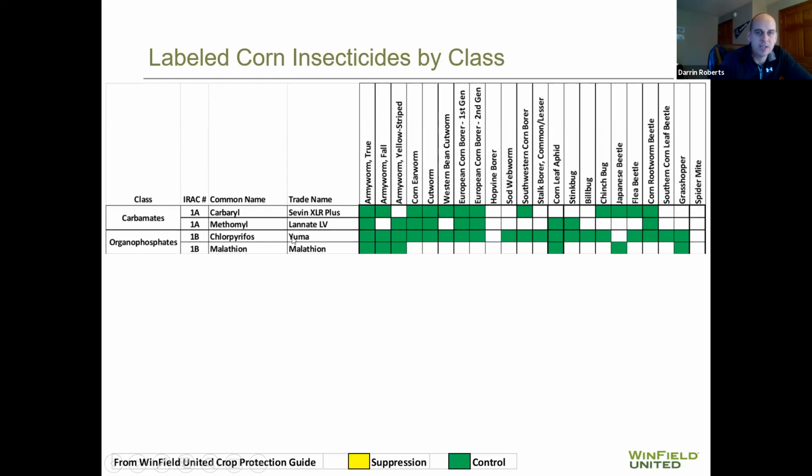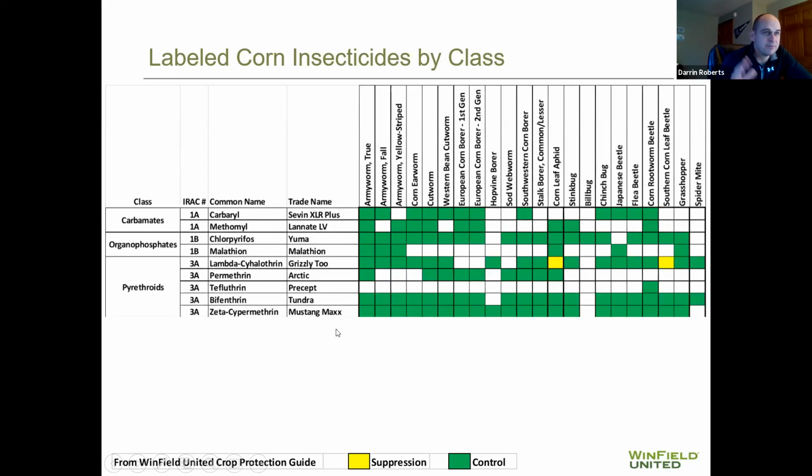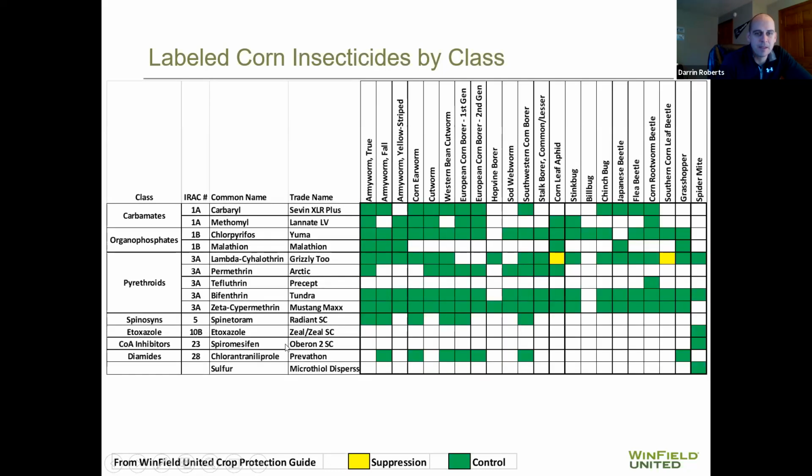Of course, next we have organophosphates, the chlorpyrifos ones, as I mentioned before, some of those are going away, or we won't be able to use the chlorpyrifos containing products moving forward, I should say. Of course, pyrethroids.